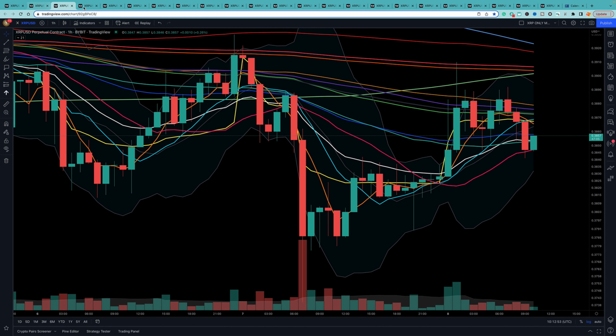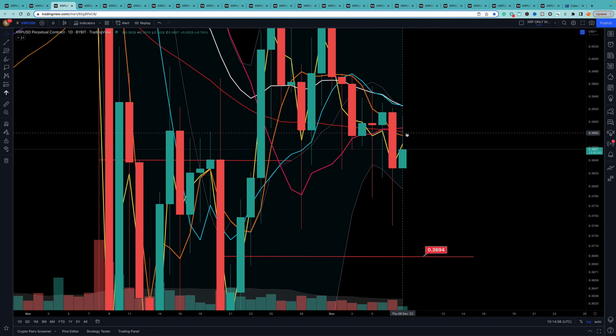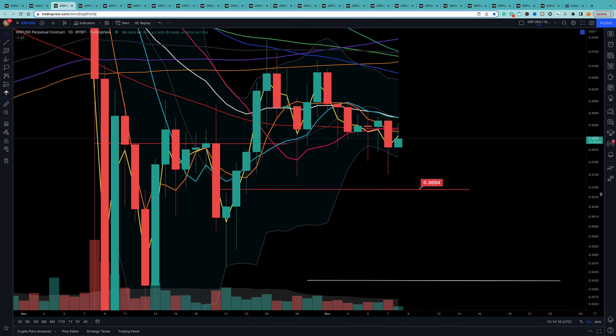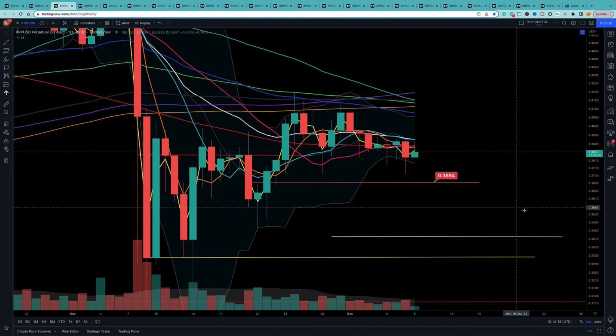But price action broke through again, and again we get the back test up to 200. So the question is, is this the last back test of the 200 before we get that move down? And again, it's quite possible that we get the move down in waves.